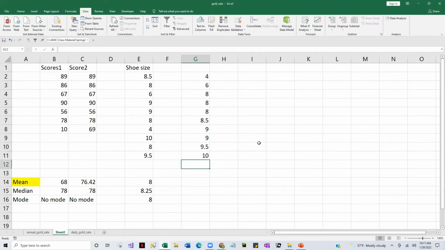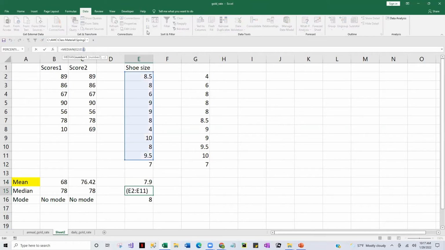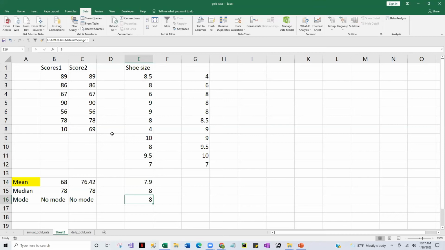Let me add one more. Let me just do 7 for the sake of the data. So in this case, if I have 7, everything is going to change. Here the median is going to be 7.9. And we are going to change the formula. And the mode also, we need to find the mode.